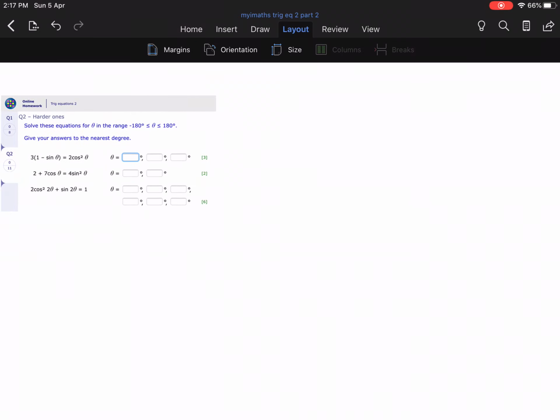So we've got harder ones. It even says it in my maths task. So what we're going to do here. It says solve these equations for, and then you should know your various exact values, your trig double angle rules, which are given to you in the formula.